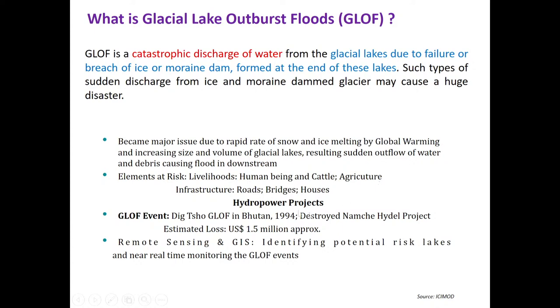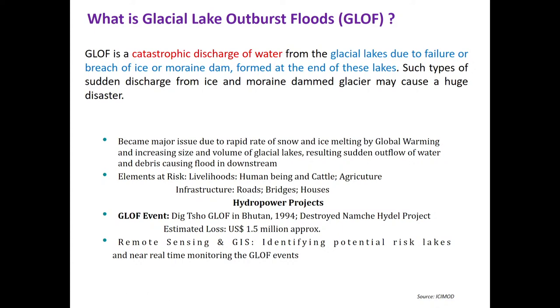The elements at risk are livelihood, human beings, cattle, agriculture, infrastructure, roads, bridges, and houses. The GLOF which happened in 1994 in Bhutan destroyed the Namche Hydel project, and the estimated loss was around 1.5 million US dollars.